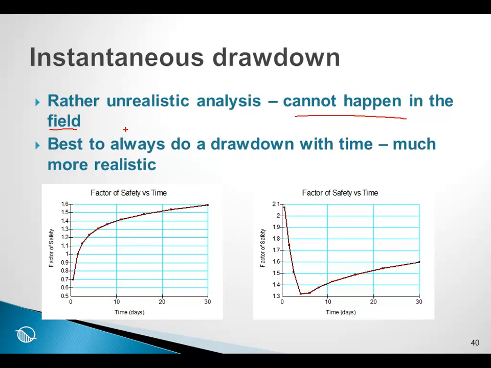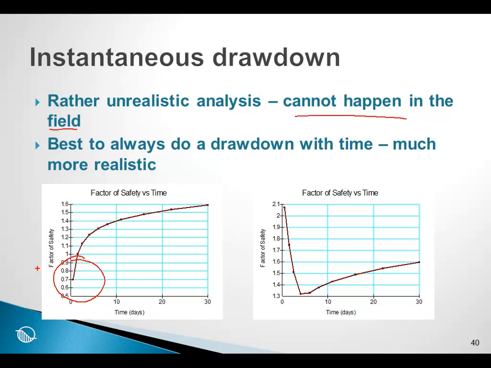If we were to do an instantaneous analysis, the factor of safety would be well below 1. Taking all the reservoir away suddenly, completely, would say that we have a factor of safety that is way below 1 and that we should get a drawdown failure.